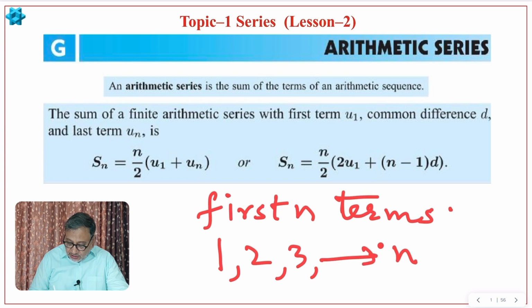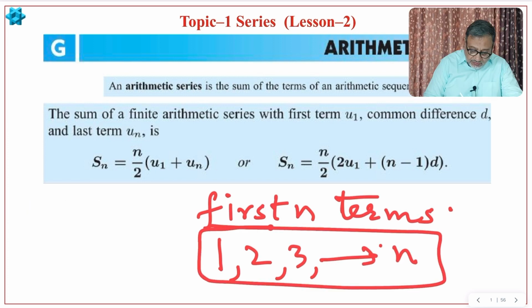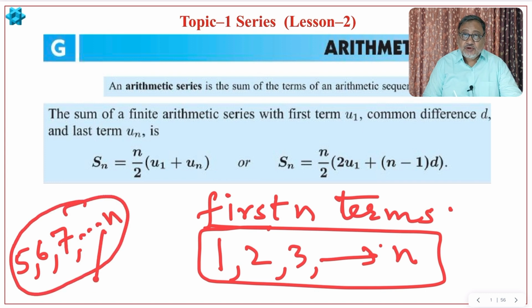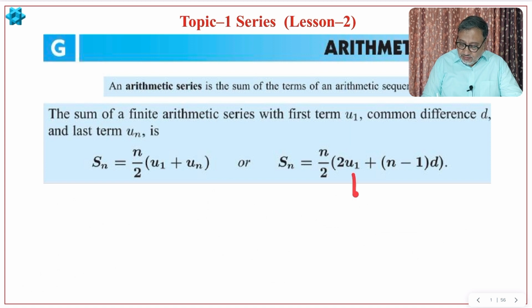If you start with the 5th, 6th, 7th and then reach n, this will not be called first n terms, because we are not starting from the first term. You have to start from the first term and end at the nth term, whatever it is, 20, 30, 40. Then u1 is the first term, d is the common difference, you already know about it.